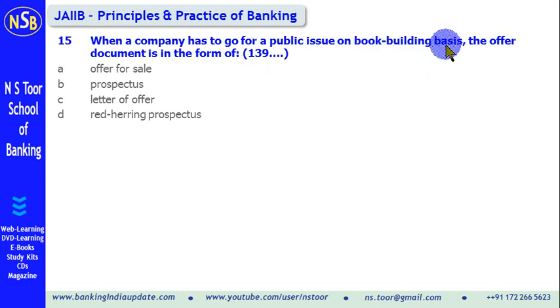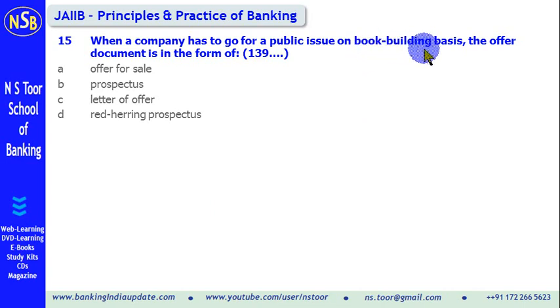Friends, in a book building situation, the company issues an advertisement by offering shares where it does not disclose the price. So it will simply make an offer of a range of a price. So it will not fix the price of the share.